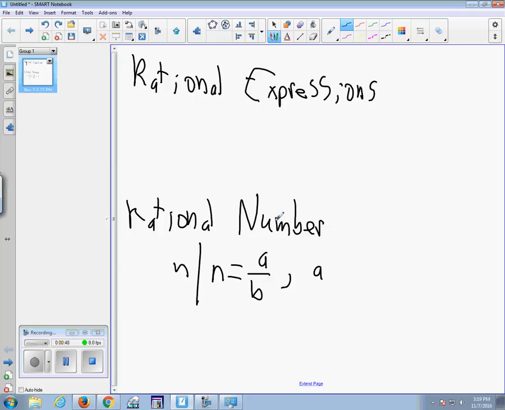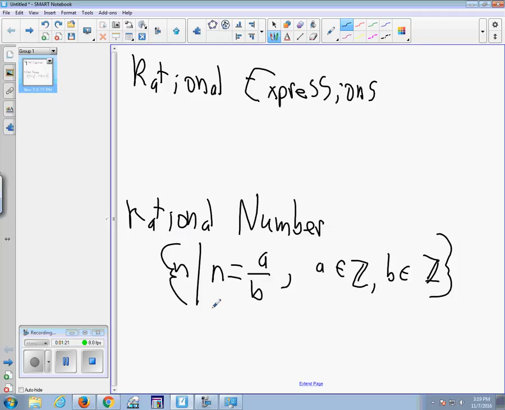A and B are what kind of numbers? They're natural. Sorry, they're integers. Making all kinds of mistakes here. So A is an integer and B is an integer.